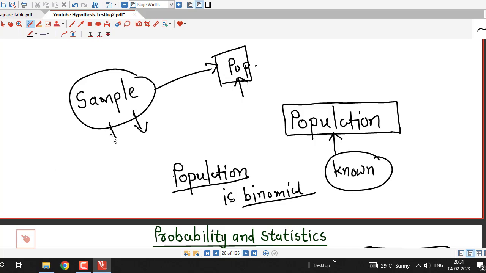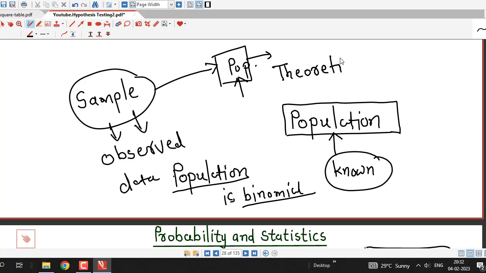The data we have in the sample is called observed data, and we assume that our population follows a certain distribution, which is called the theoretical hypothesis.